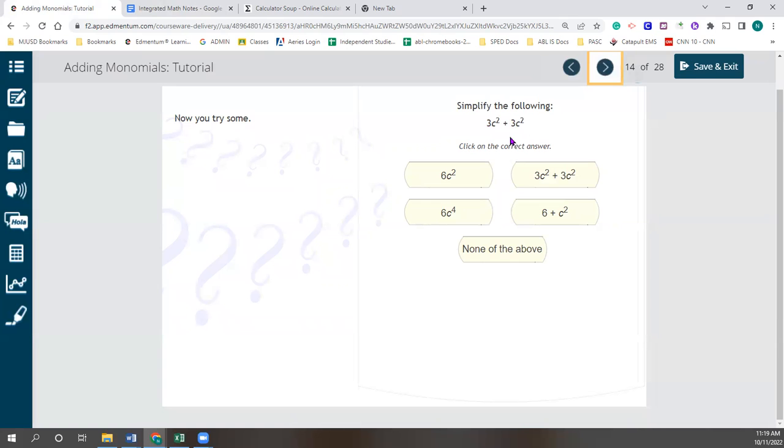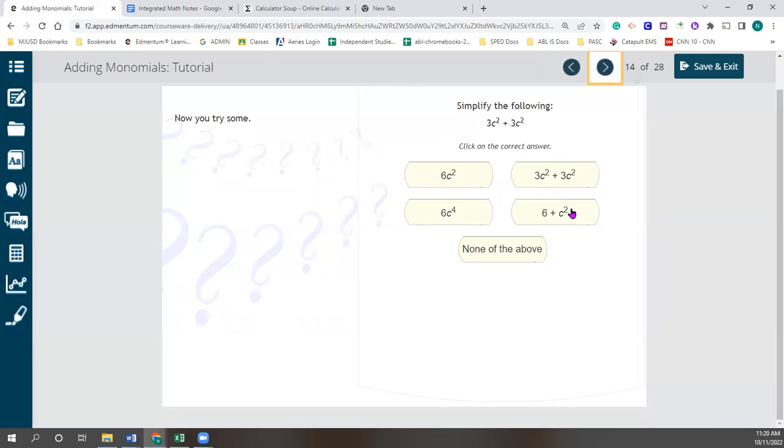So 3 plus 3 is 6. The c squared stays the same, just like apples and apples would stay the same. You don't have to solve for whatever c squared plus c squared is. You just carry it over. So 3 plus 3 is 6, c squared.